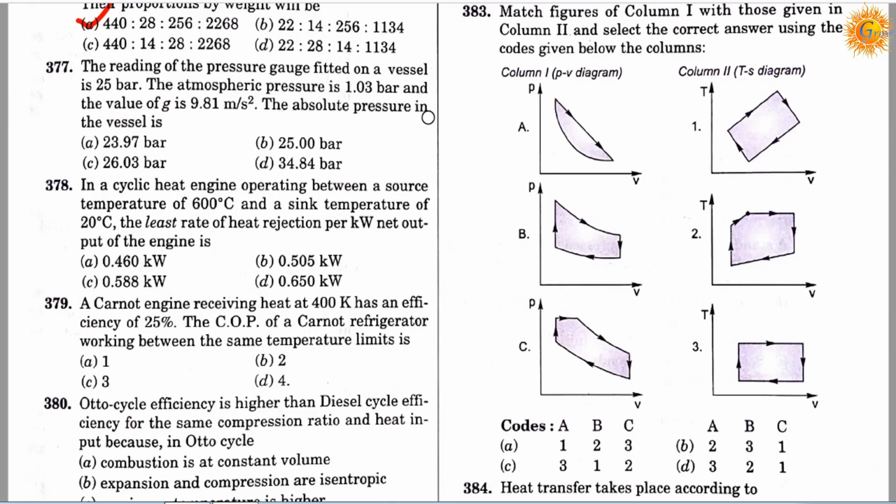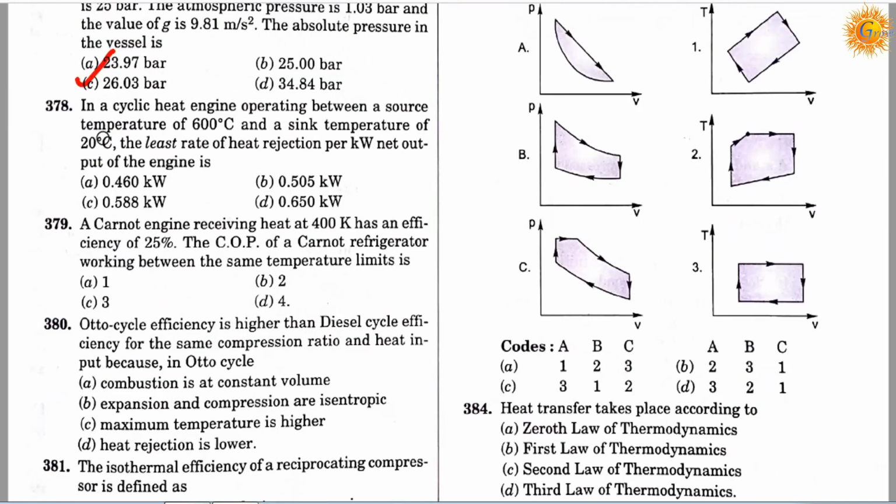The absolute pressure in the vessel is option A 23.97 bar, option B 25 bar, option C 26.03 bar, option D 34.84 bar. So the correct answer is C, it will be 26.03 bar.